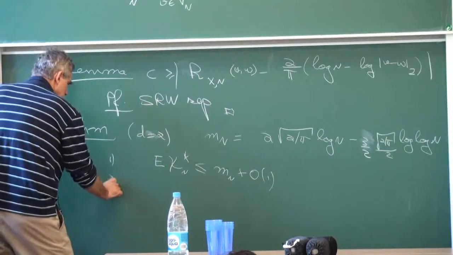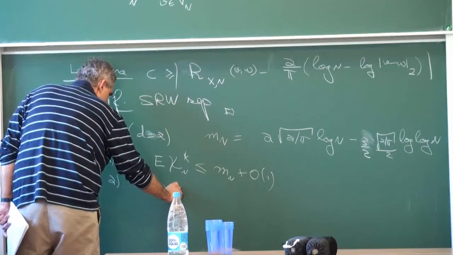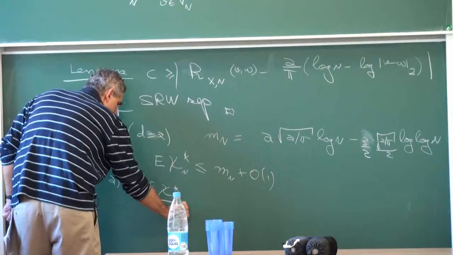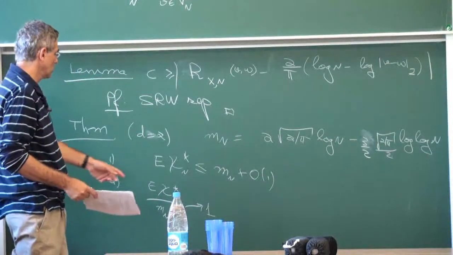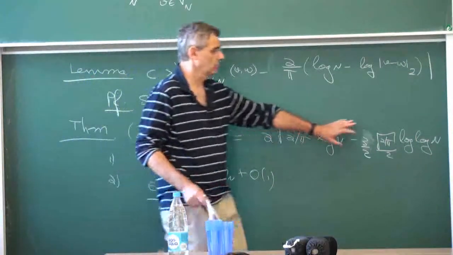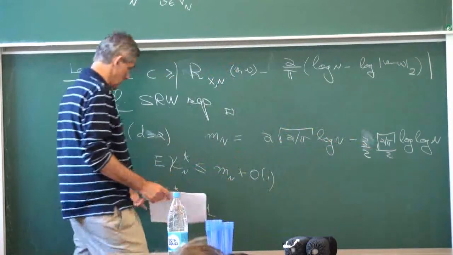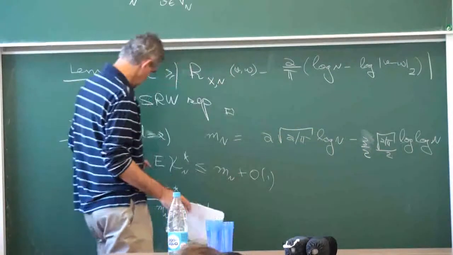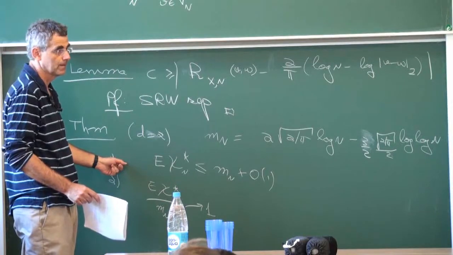And the other point is a law of large numbers: the expectation of X_n star divided by M_n goes to 1. Of course, when I divide by M_n, writing this log log n term or not doesn't make any difference. So for the law of large numbers, the log log n term doesn't play any role. The reason I write it is because of item 1.